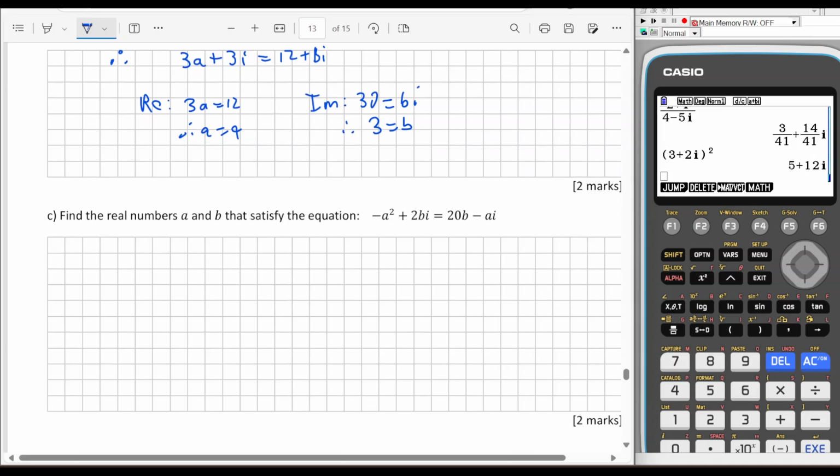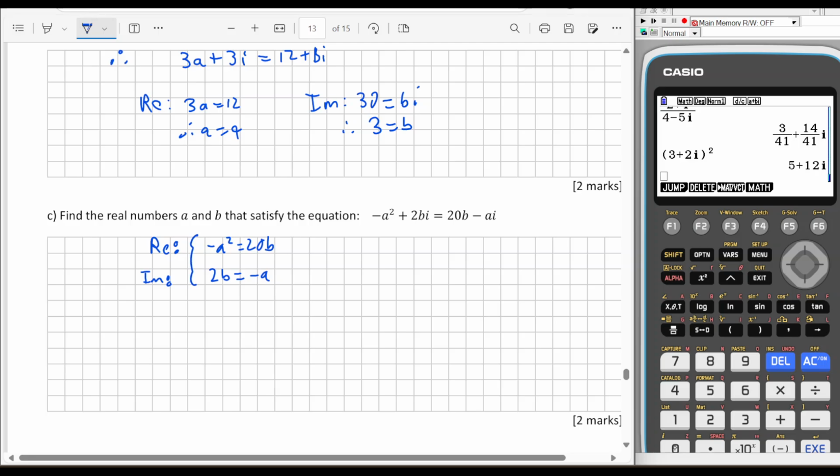Find this equation. This is a bit nastier. So from the real bits immediately, we can read off that minus a squared is 20b. And from the imaginary bits, we can read off that 2b is minus a. Okay, so a little bit nasty to solve, but realistically, we can do a substitution.